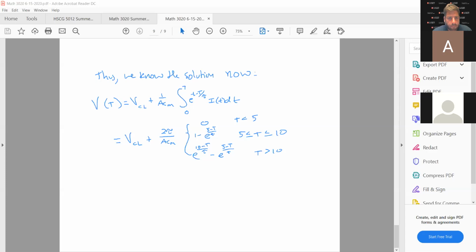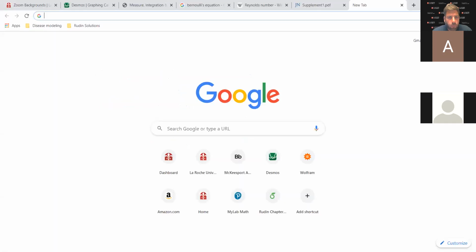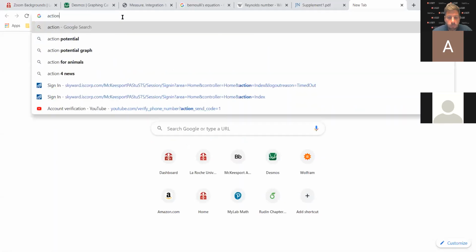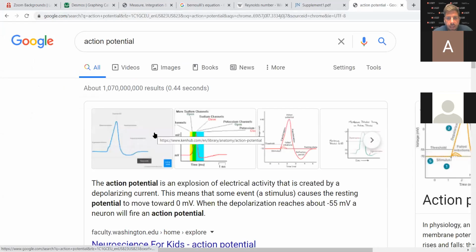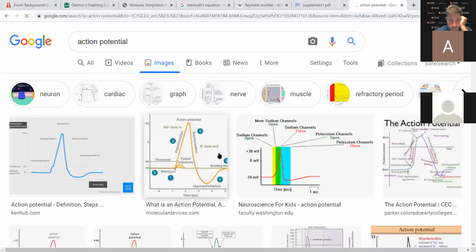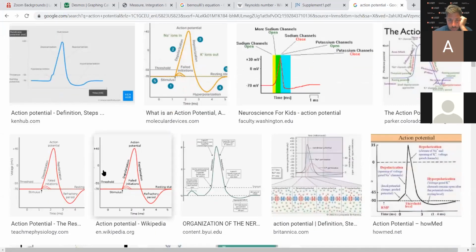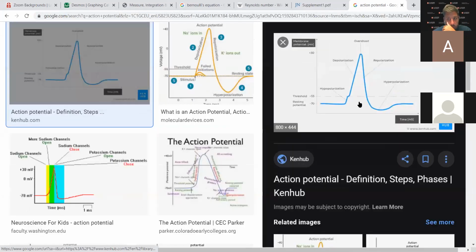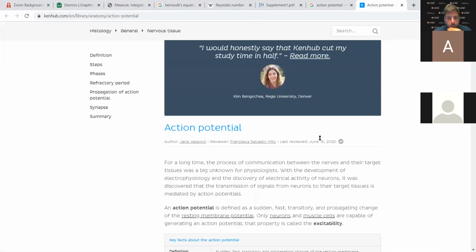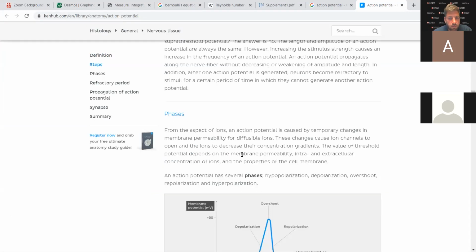Let me get Google. All right, so remember, we're trying to get a function. We're trying to build the realisticness of our differential equation, so that when we plot the solution of our differential equation, it gives us this so-called action potential that we're looking for. If I can pull this picture up, of course it's going to have advertisements. Okay, here we go.